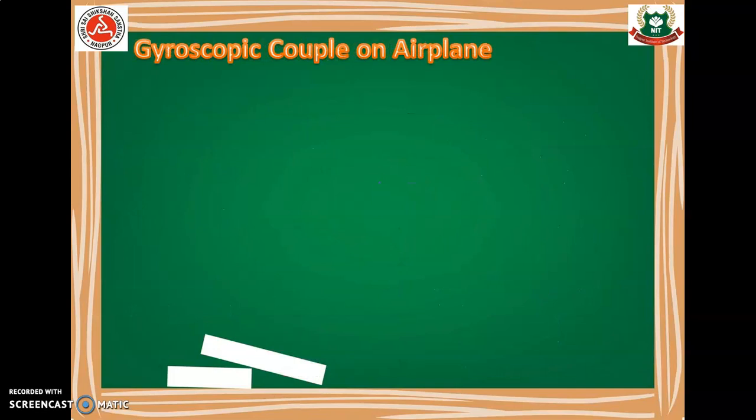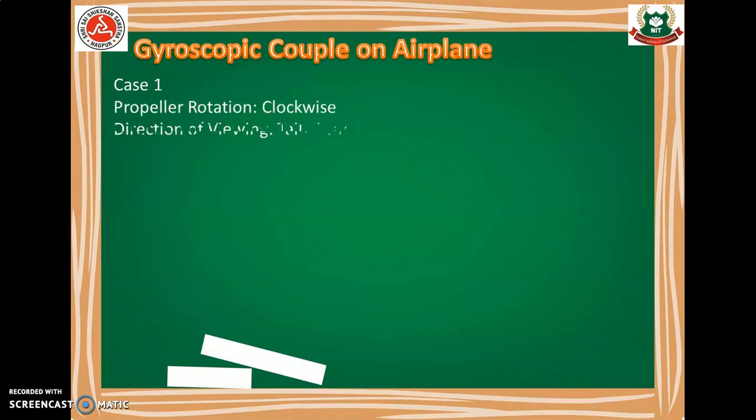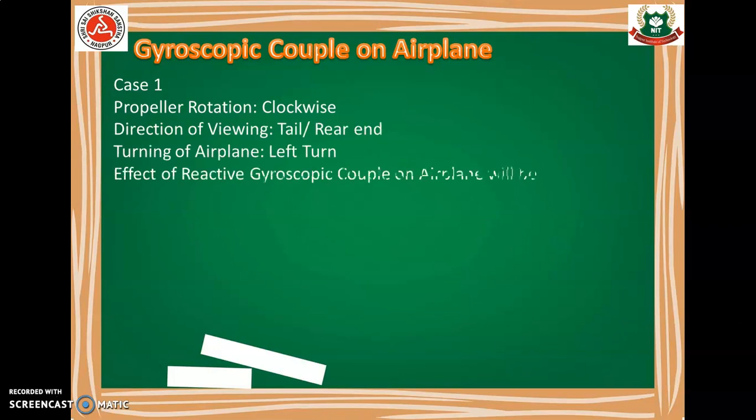So, what will be the effect of all these 3 conditions? Means in case number 1, 3 conditions are given. Number 1 is propeller rotation, which is in clockwise direction. Number 2, direction of viewing is from the rear end, and number 3, plane is going to take a left turn. So what will be the effect of all these 3 conditions?